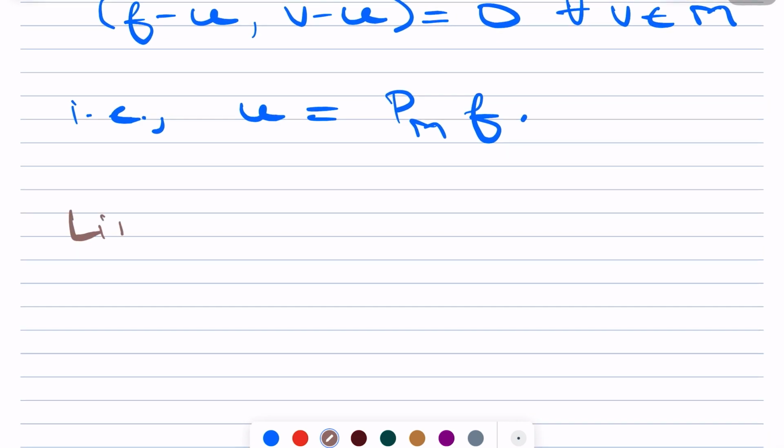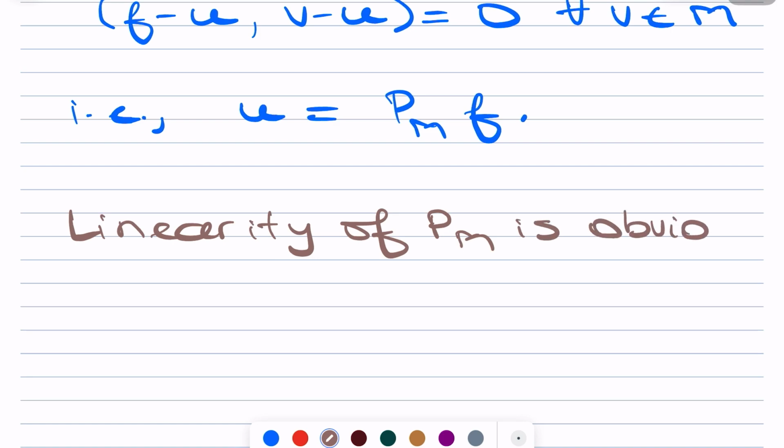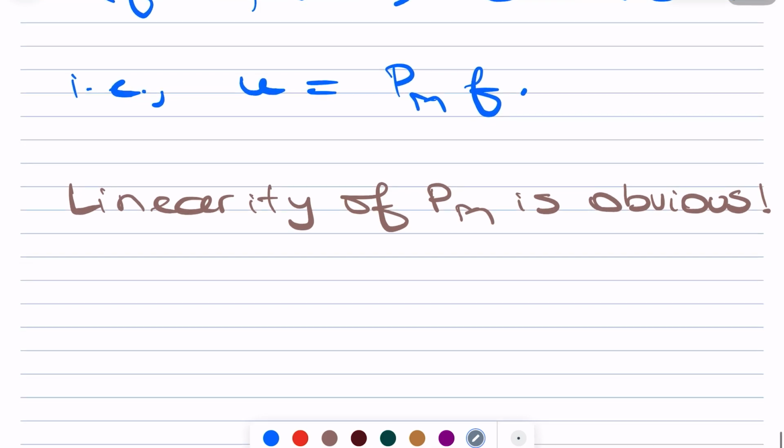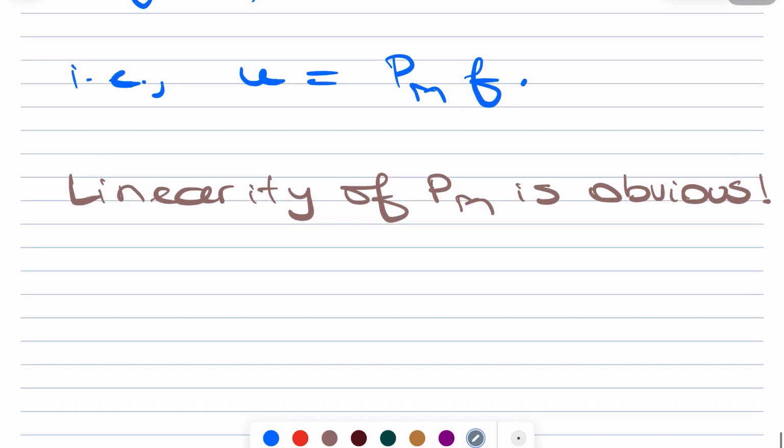So I think we are done. You only have to prove linearity of P_M, which is obvious. You can actually check it maybe yourself, but let me just do it for you.